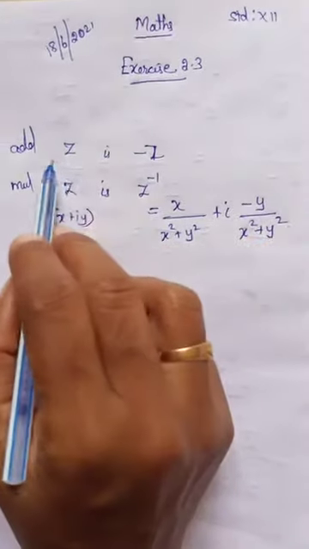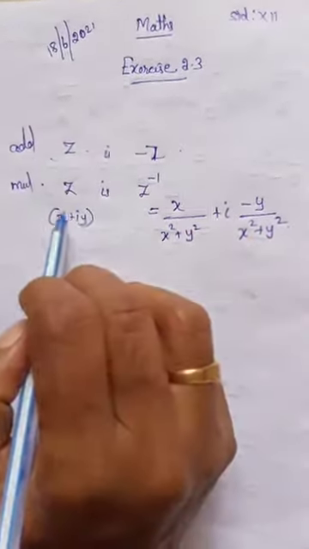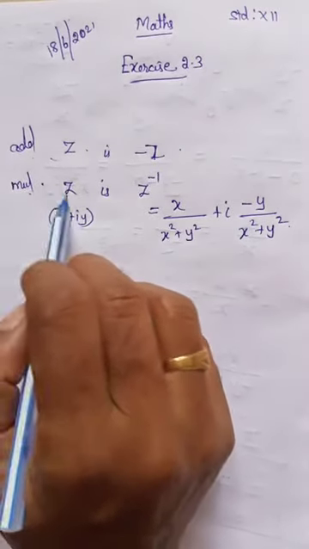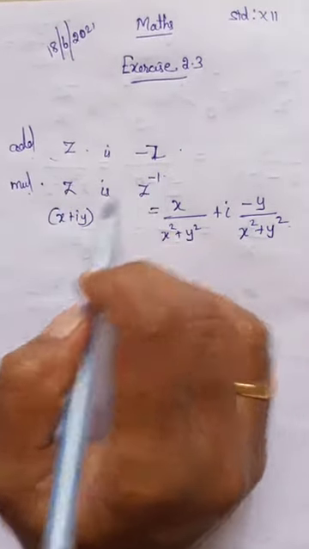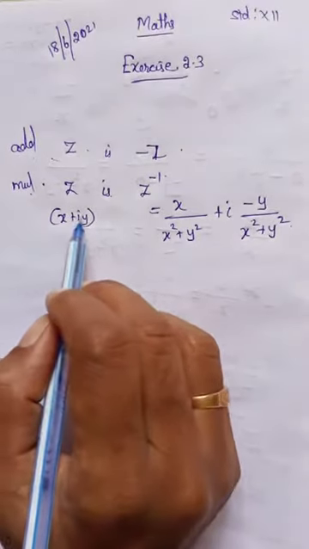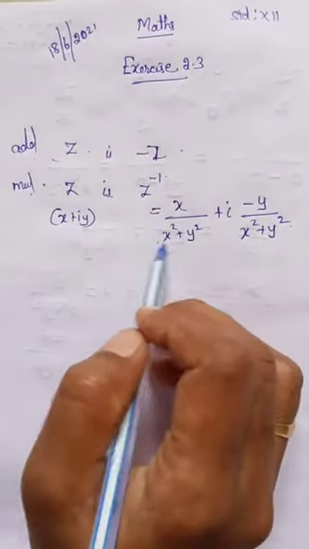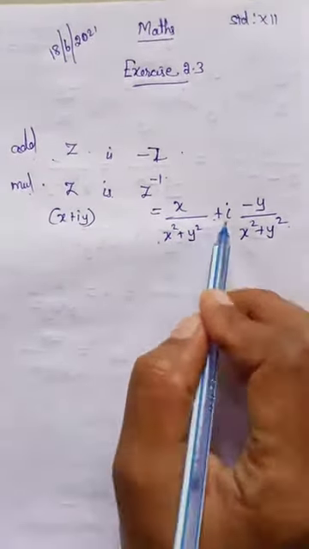This is what we learned in the last class. The additive inverse of Z is minus Z and the multiplicative inverse of Z is Z power minus 1.